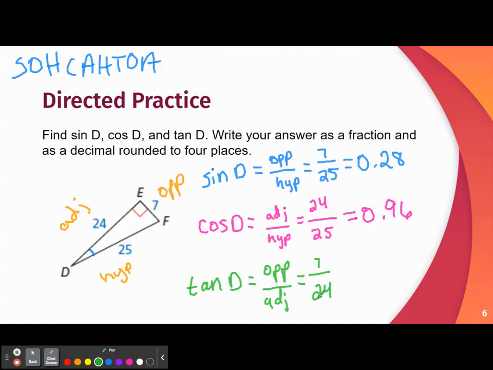Can I reduce 7 over 24? And what is that as a decimal to 4 decimal places? 0.2916. What number is behind that 6? 76. So what does that 6 need to round to? 7. So 0.2917. And that's it. That's all you gotta do.